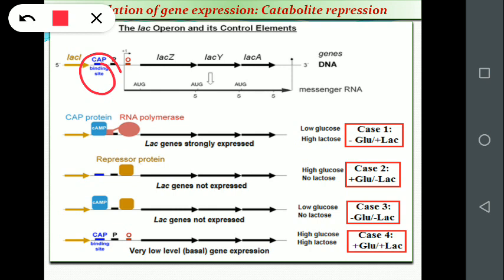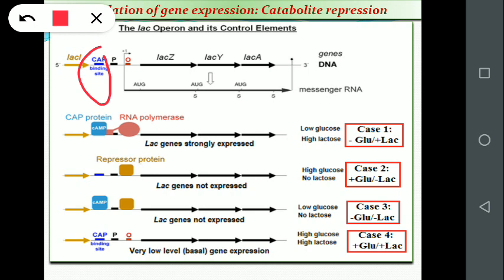One more thing you should remember is that this CAP site is located upstream to the promoter sequence. The operator is downstream to the promoter, which is why it obstructs the movement of RNA polymerase, but the CAP site is upstream to the promoter, so it won't obstruct the movement of RNA polymerase. In fact, it increases the affinity of RNA polymerase for the promoter site.